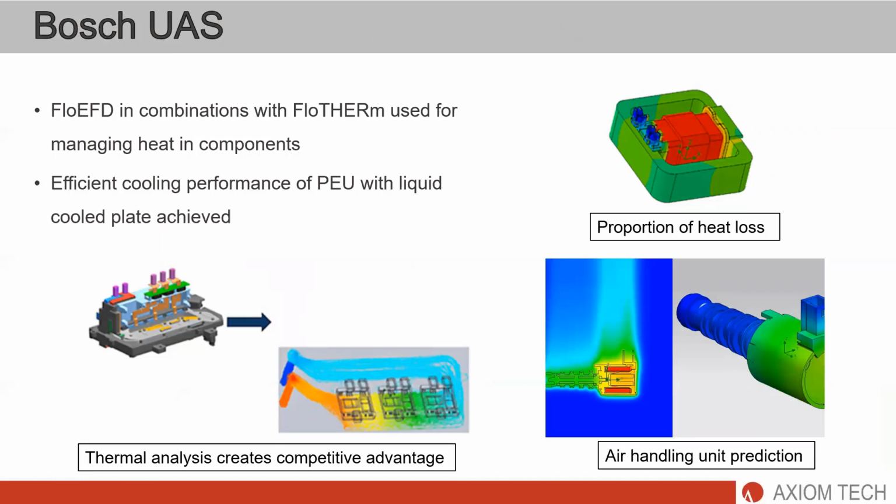At the well-known Bosch company, FloEFD was used in order to manage heat transfer in a PU with a liquid-cooled plate. And thanks to simulation, the best design was found easily, and therefore the company stayed ahead of competition with time, cost, and quality improvement.